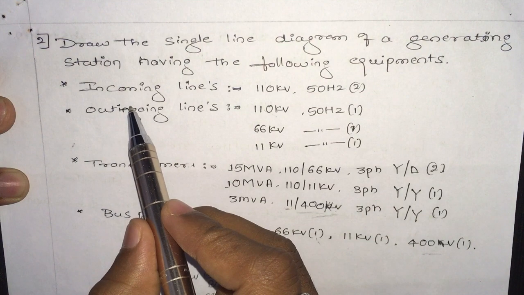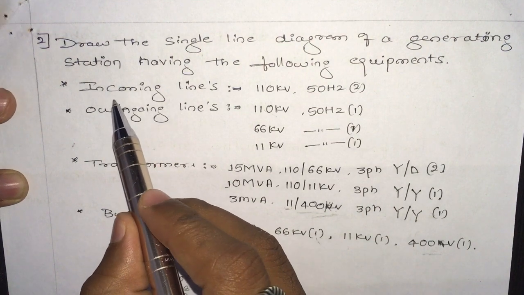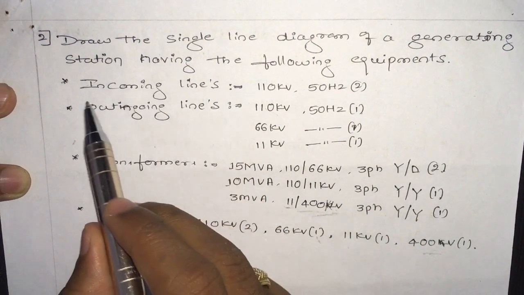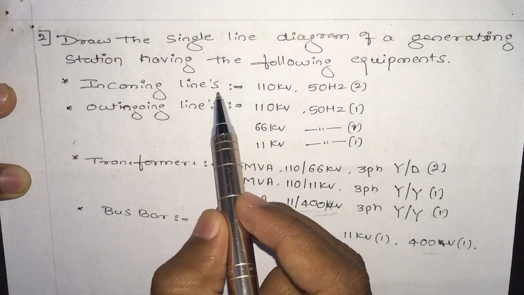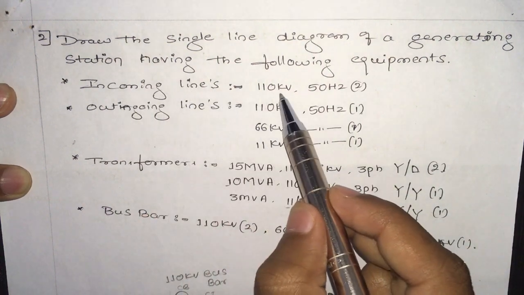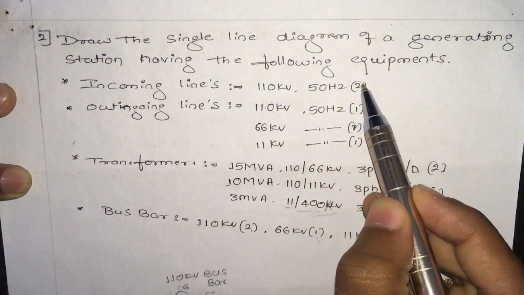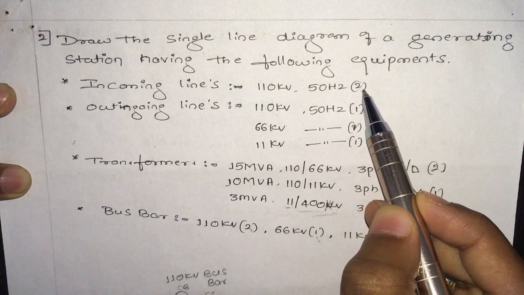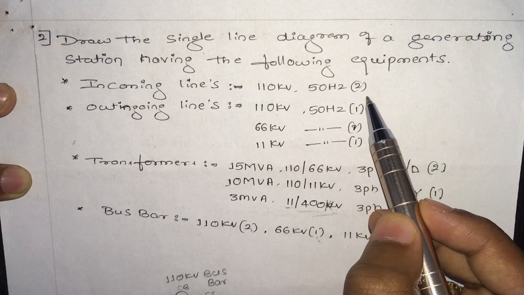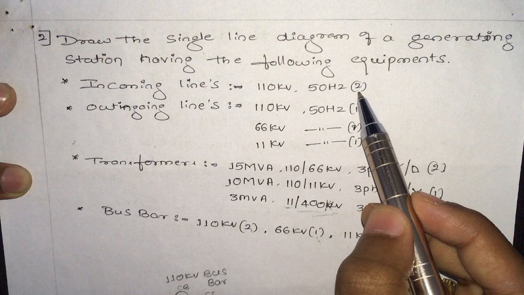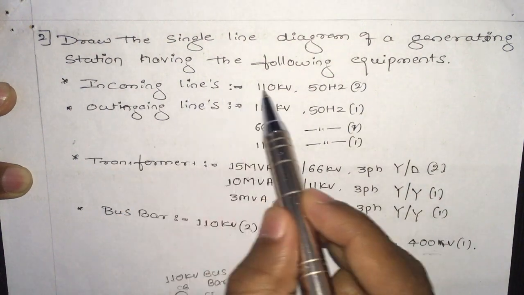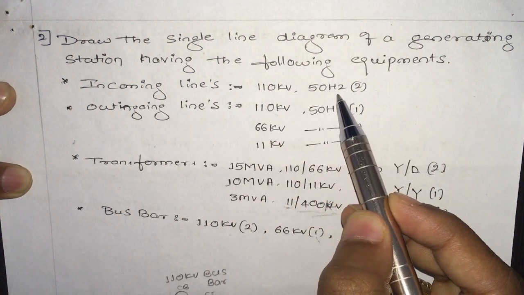Those conditions are: we are having incoming lines, 110 kV 50 hertz. Whatever is in the bracket is nothing but the quantity that we are going to draw. Two incoming lines with 110 kV 50 hertz.